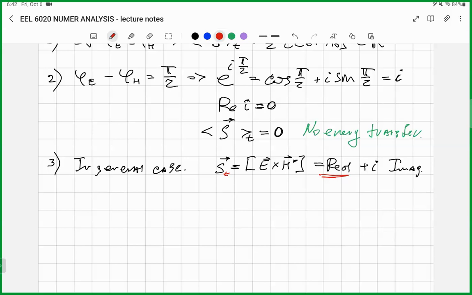But taking the imaginary part, you will get the imaginary component of the Poynting vector that describes the reactive part, when energy stays somewhere in the form of some circulations, etc., without real transfer.